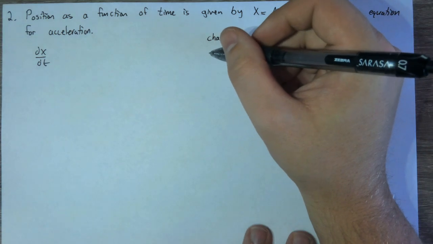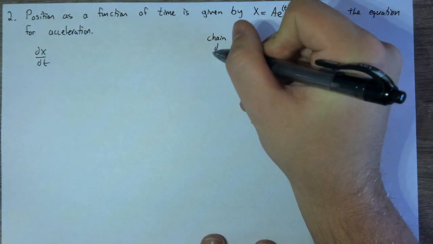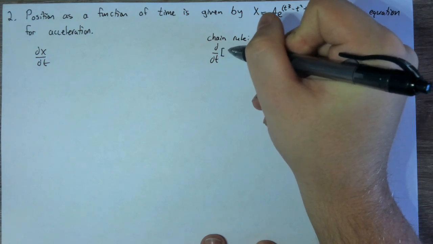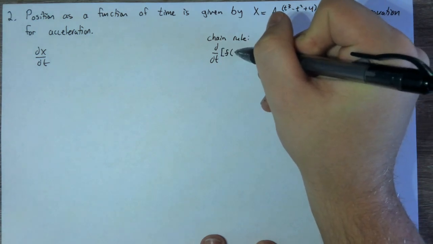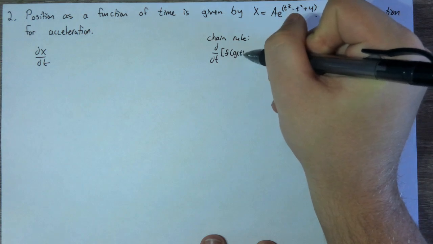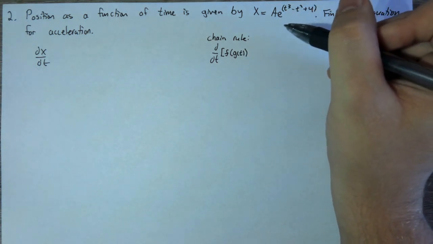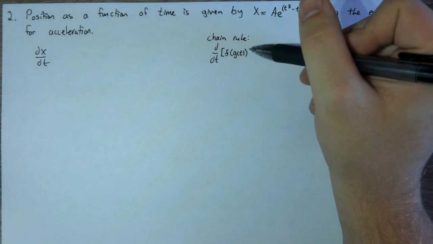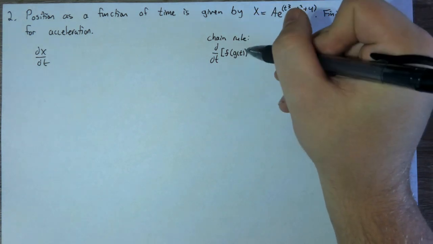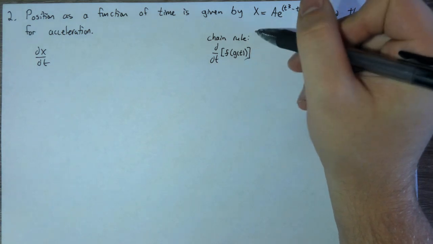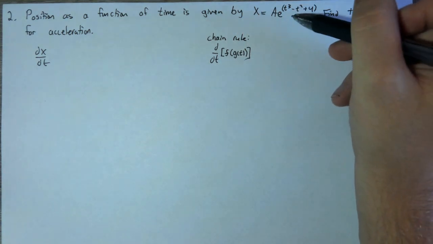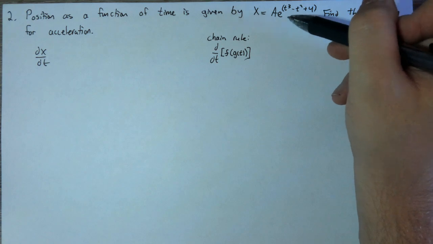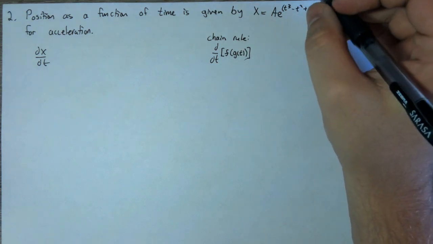So the chain rule basically says, if you have a function f, and inside of that function, you have another function, which is with respect to time, and you're taking the derivative of that. So it could be any derivative. I'm just using t because we're finding a derivative with respect to t.